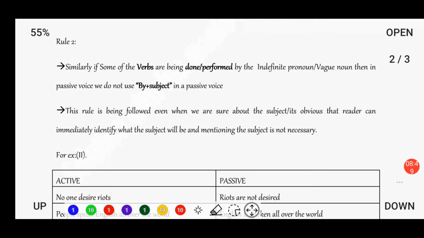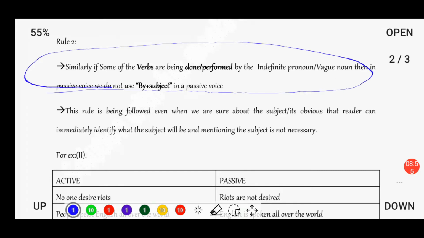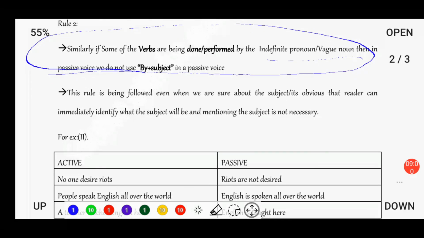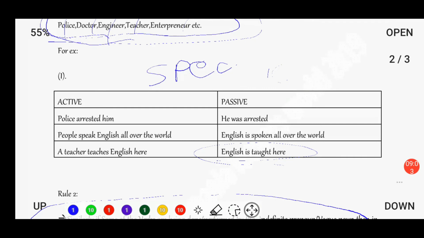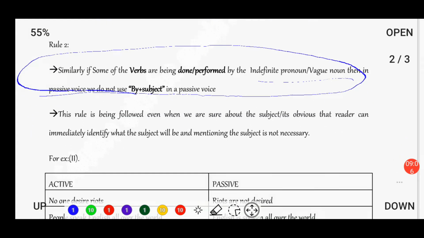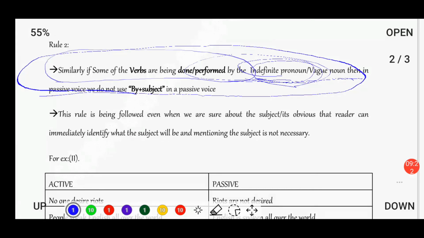Similarly, comes another rule. The second rule is: if some of the verbs are being performed by an indefinite pronoun or vague noun, meaning nouns which do not need to be mentioned, because we do not know who is performing the work and we are not specifically sure about that, then in that case also we do not write by plus subject in the passive voice.